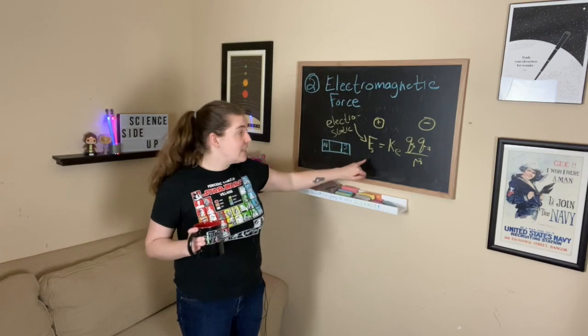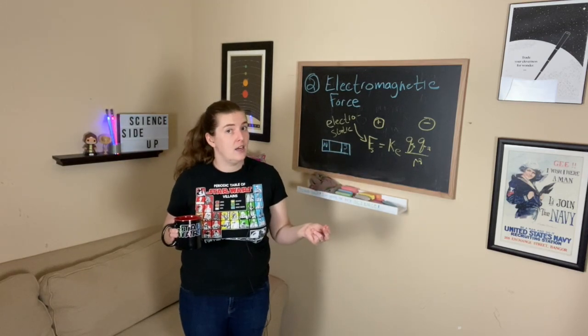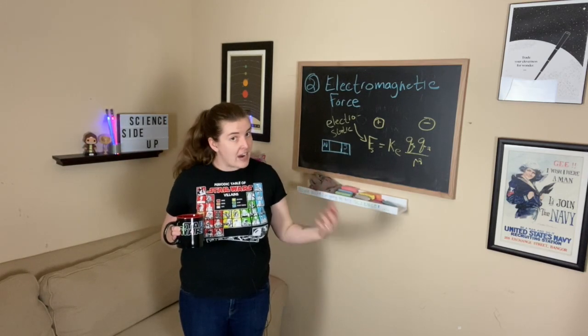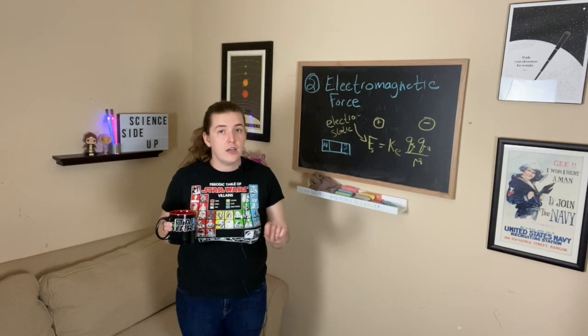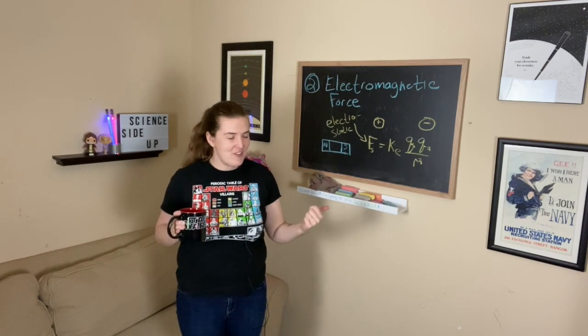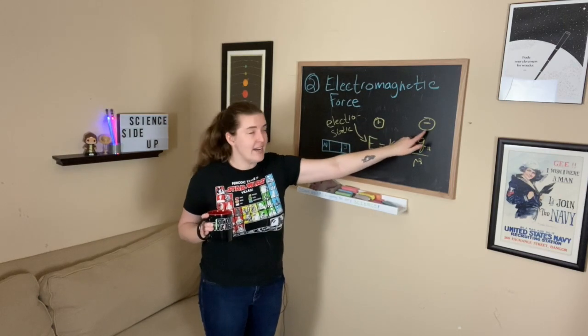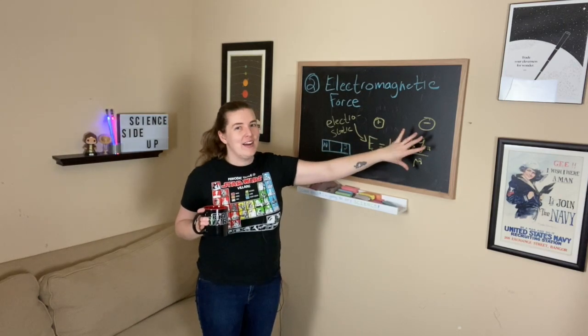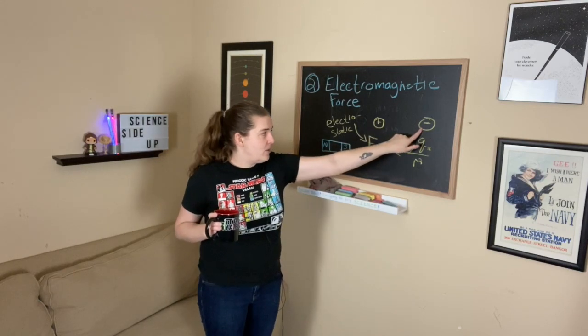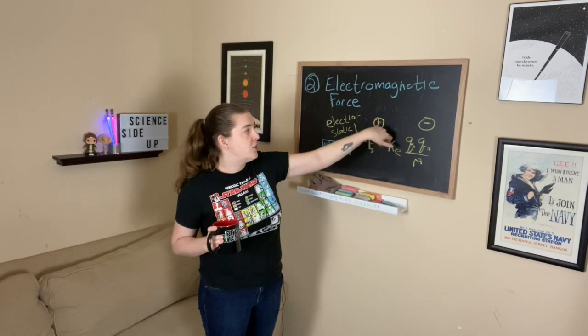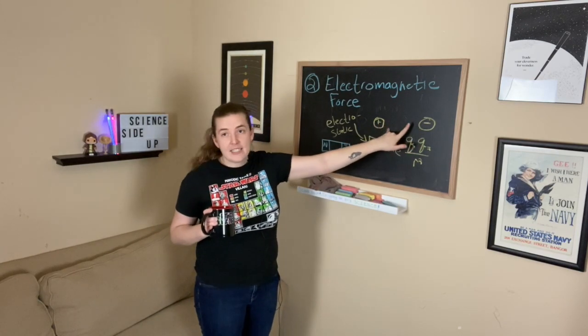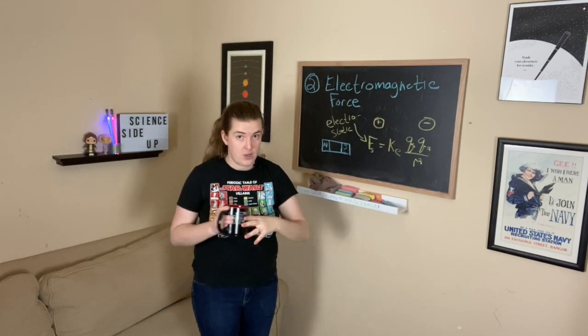Now, the electrostatic force, unlike gravity, can be either attractive or repulsive, because we can have something with a positive charge or a negative charge. So in this example, if we have a positive charge and a negative charge, that's going to be attractive, right?